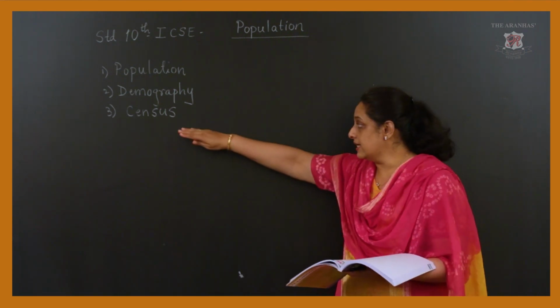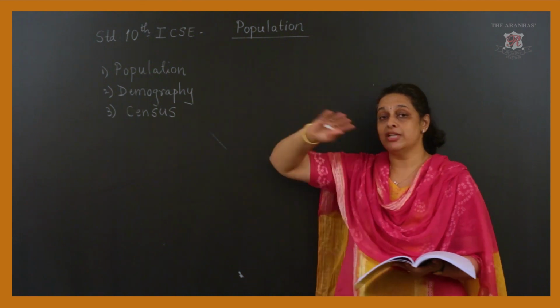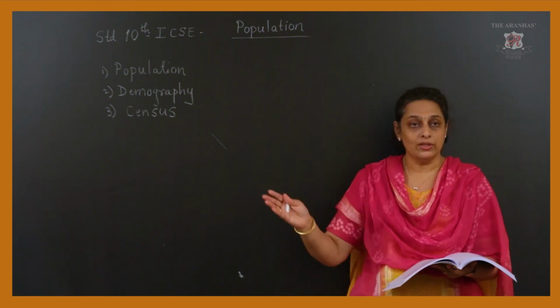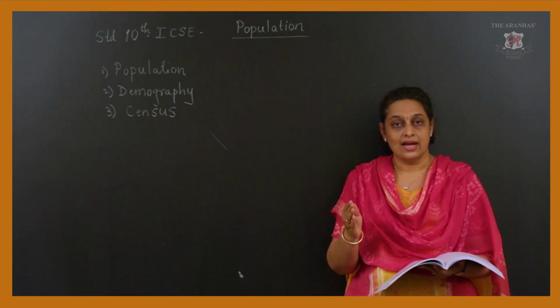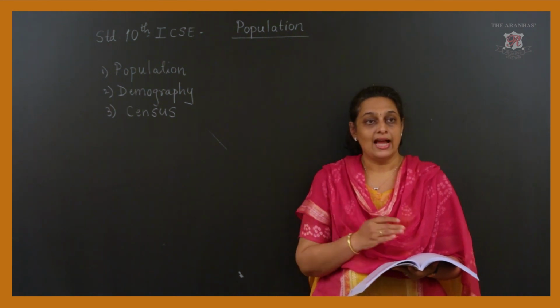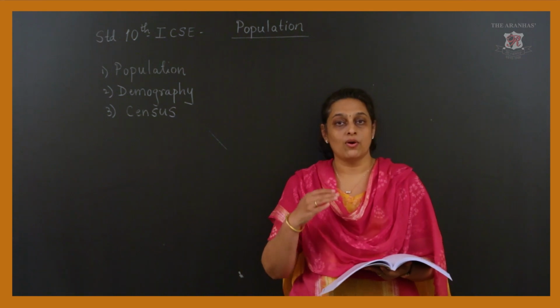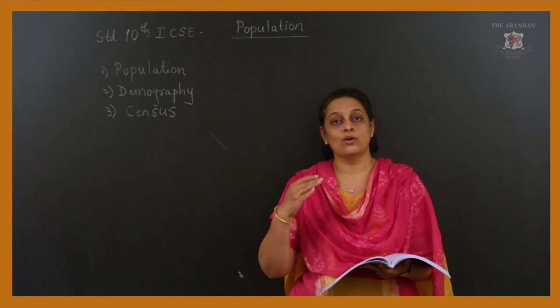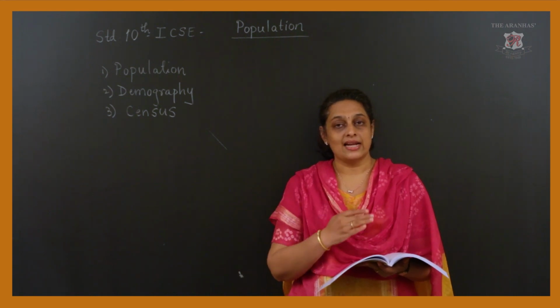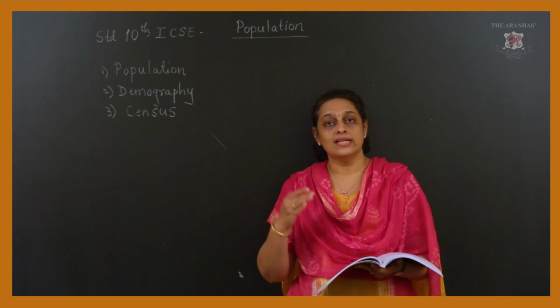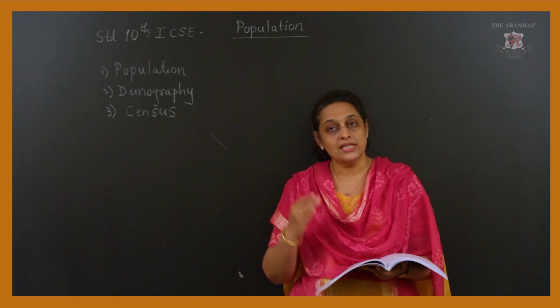So, in census it is not just a head count, but all these things are also important, and all this information or data is properly conserved, tabulated, and preserved in a statistical manner.